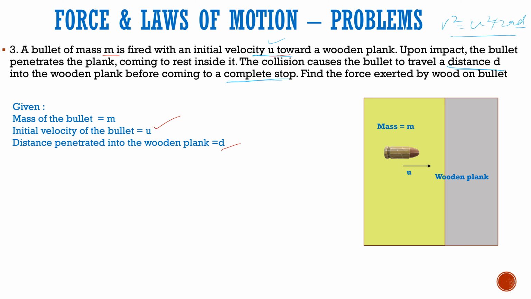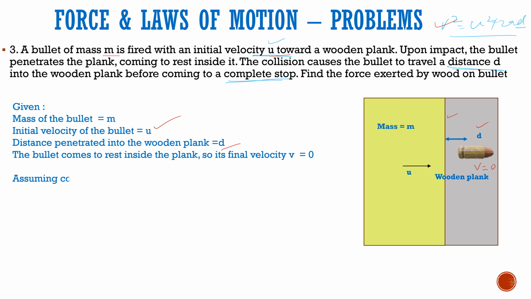So this is the situation: it is traveling, this is the wooden plank area, and then it goes inside, and this is the distance. What is the velocity with which it hits? It is u. What is the final velocity at this point? v equal to 0, right? So using this formula, v square equal to u square plus 2ad, we'll be able to find the deceleration.